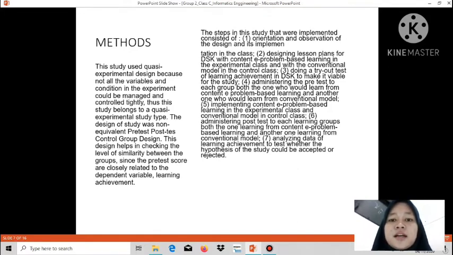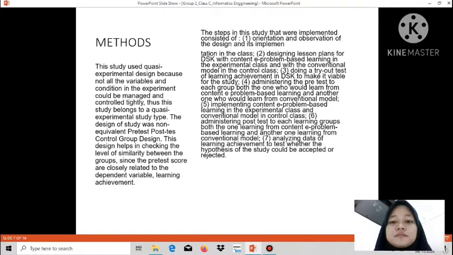Number 3, doing a trial test of learning achievement in the SK to make it feasible for the study. Number 4, administering the pre-test to each group, both the one who will learn from contextual problem-based learning and the one who will learn from the conventional model. Number 5, implementing contextual problem-based learning in the experimental class and the conventional model in the control class.